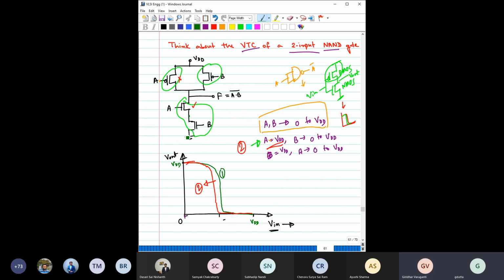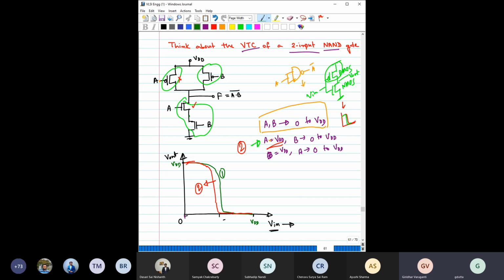And here this body is connected with the ground, so it has no potential, means body potential is zero, but here you do have some body potential, right? And that will make the threshold voltage slightly different compared to this. As a result, the VTC will also be different between 2 and 3.